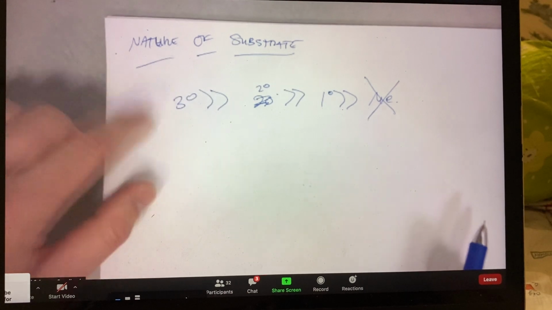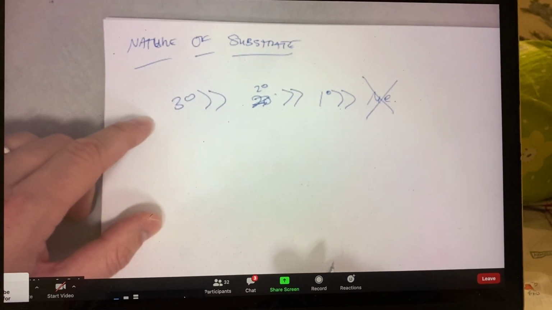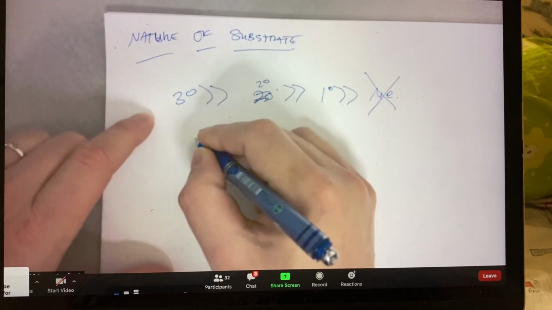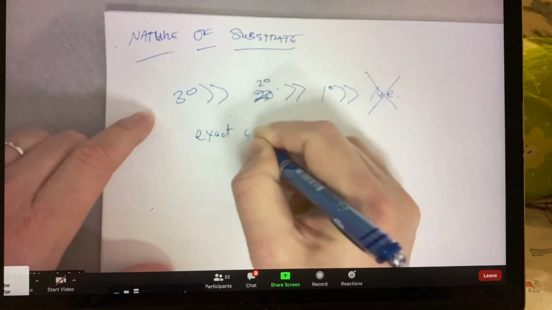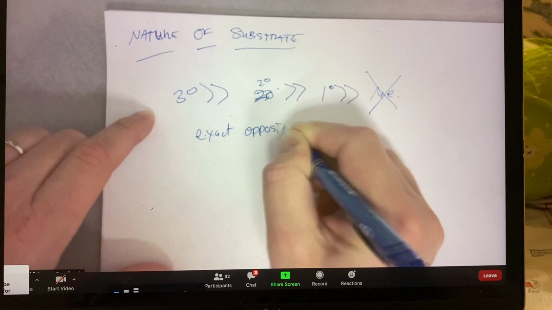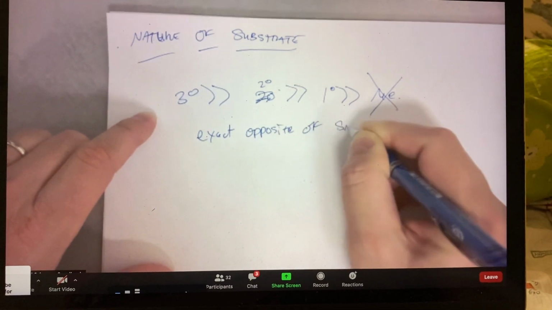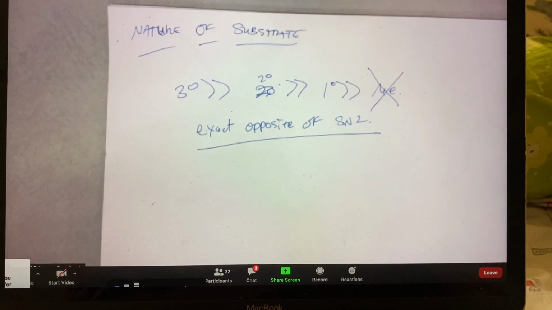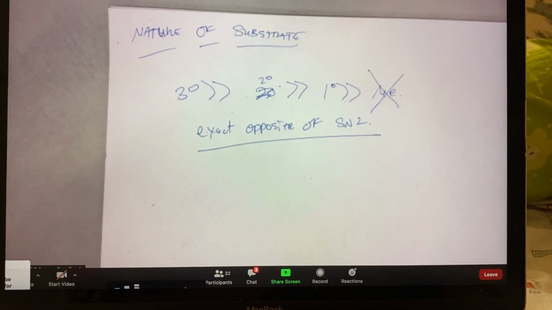We'll contrast the SN2 and SN1 trend at the end, and we'll see how we can use it to our advantage. But first thing to note, exact opposite of SN2 trend, right? It goes in the exact opposite direction.